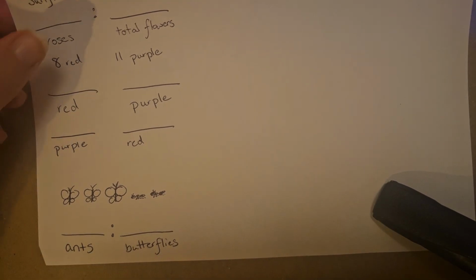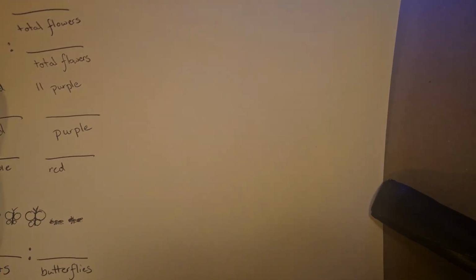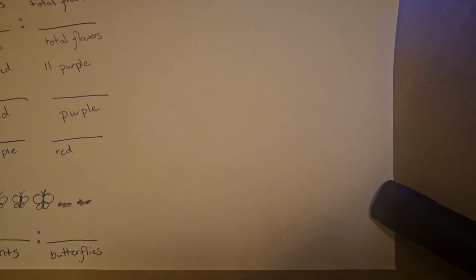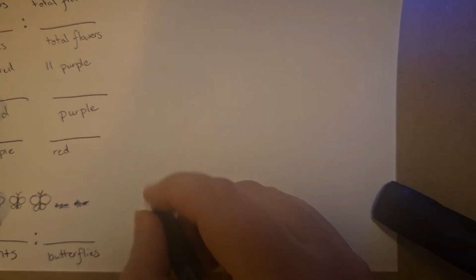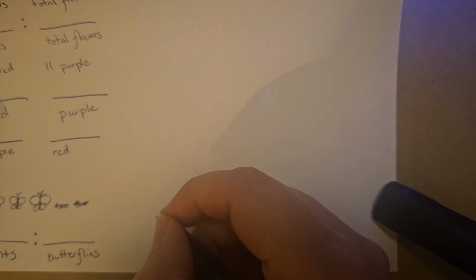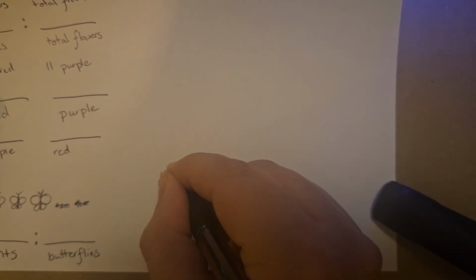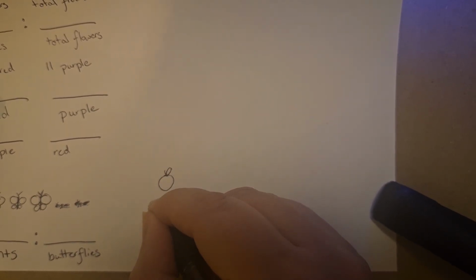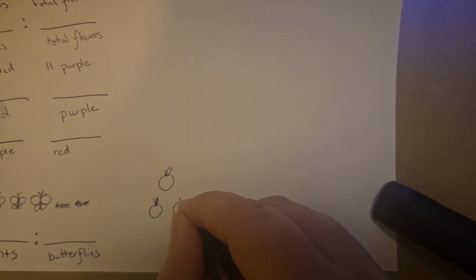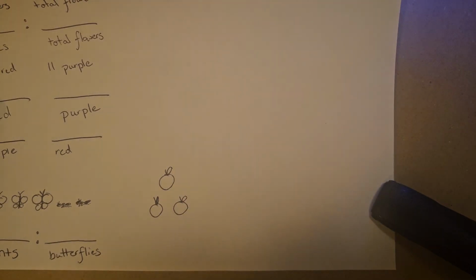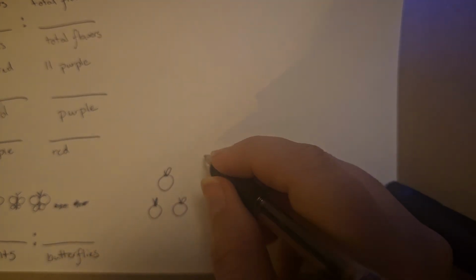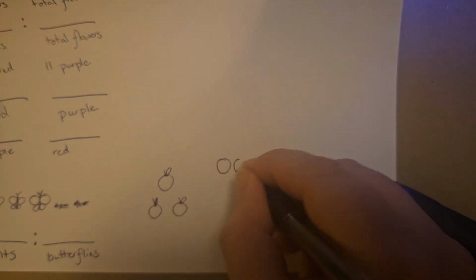And then the last question, which again, some of you won't have, and that's okay. The ratio of oranges to fruit. Again, this isn't going to be fancy. Here's our apples. My apples are kind of peachy looking. It's fine. Here's our apples, and for oranges, I'm just going to draw circles.